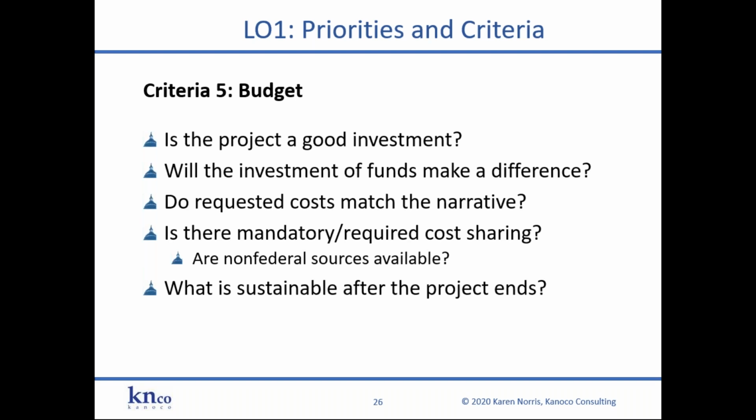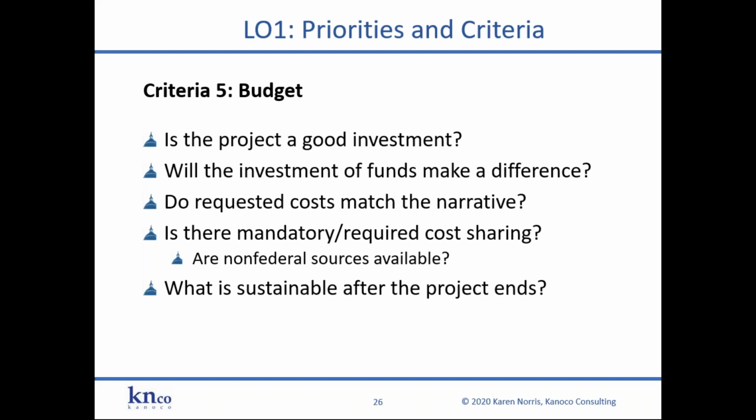For your 5th criteria is budget, and numbers do more than just add up. They tell a story, and you want to make sure that your numbers reflect that it's a good investment. Will the funds make a difference? Do the costs in your budget match what you're saying you want to do in the narrative?